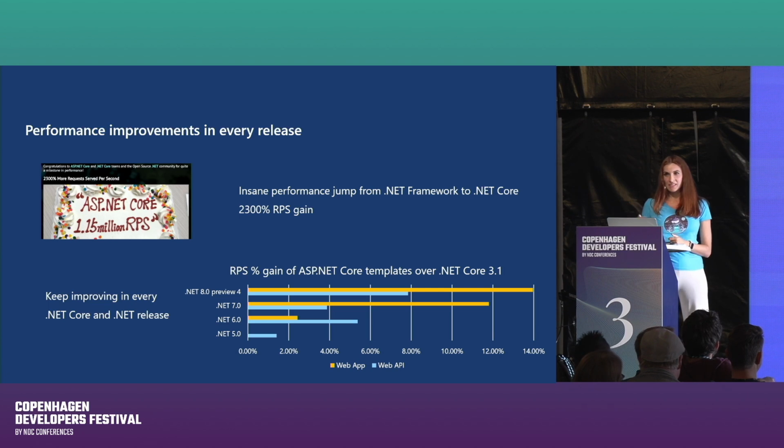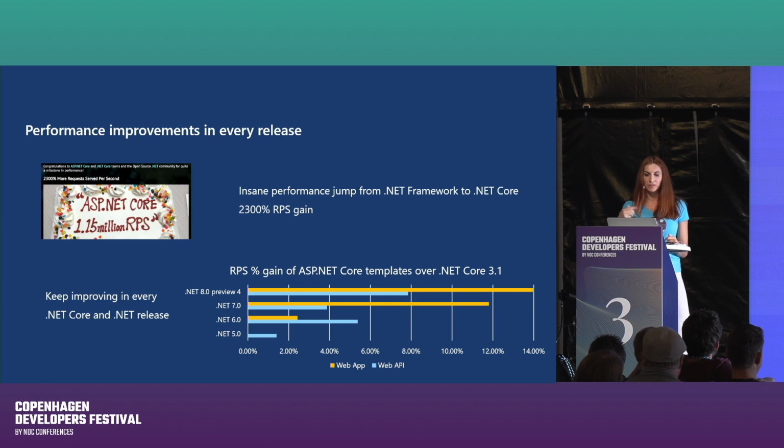But even since then, we keep improving performance. And you can see that from .NET to .NET, performance RPS percentage gain still is increasing. For ASP.NET Core, here in the picture, you can see gain compared to Core 3.1. So in .NET 5, 6, 7, and even in .NET 8, we're still growing in this area.